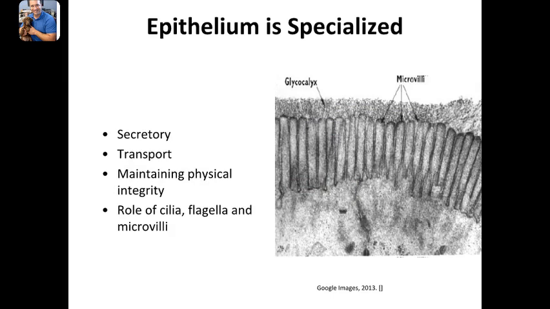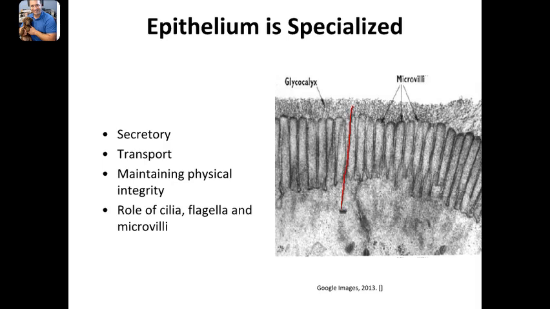Epithelium is going to specialize within itself. So we talked about its secretory components. It might have that mucus cell, the goblet cell within it that'll make for the slipperiness, or it might have the sebaceous fluid. It's also going to be key in transport. For instance, if this is your small intestine, it functions to absorb things.